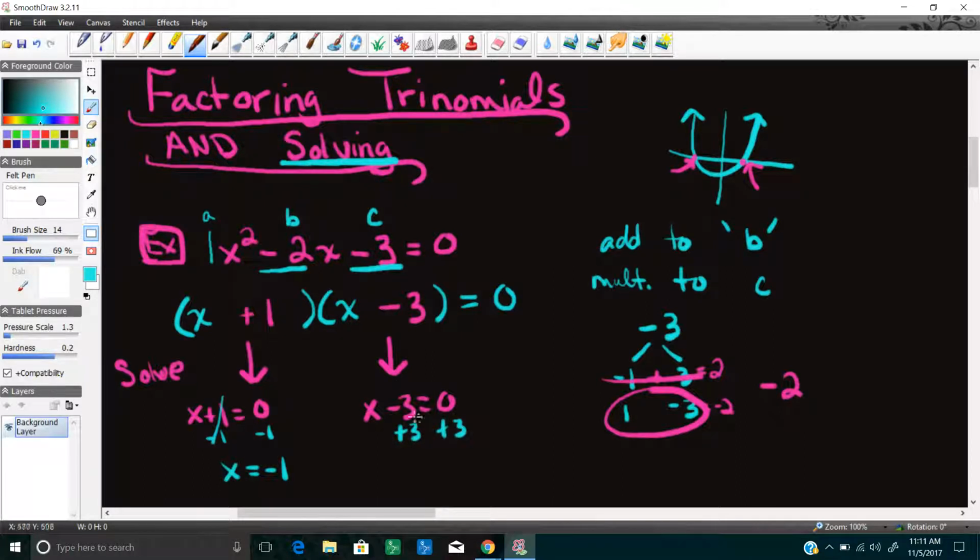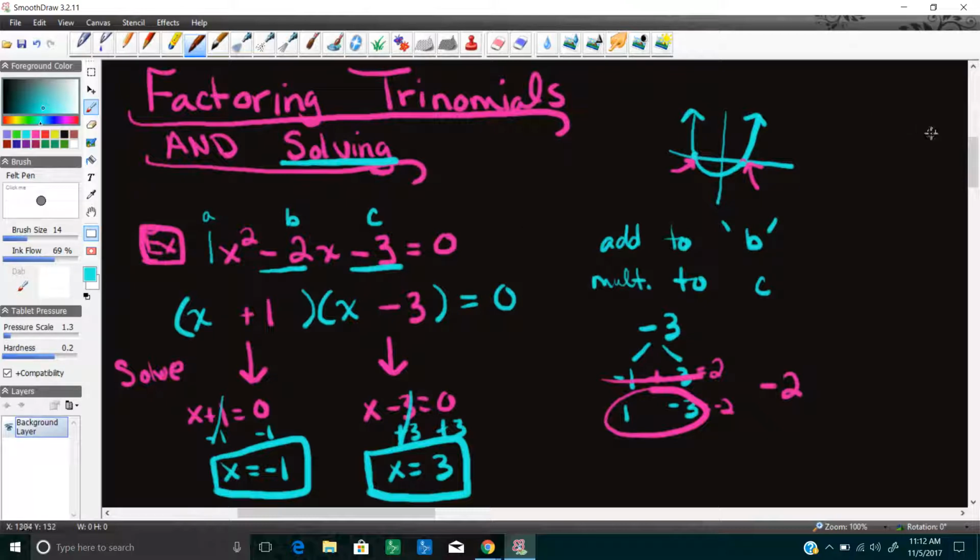Add 3 for this one, which gives me x is equal to 3. So in this case, my solutions are x equals -1 and x equals 3. If I did want to graph that, on my graph this point right here would be -1, and this would be +3.